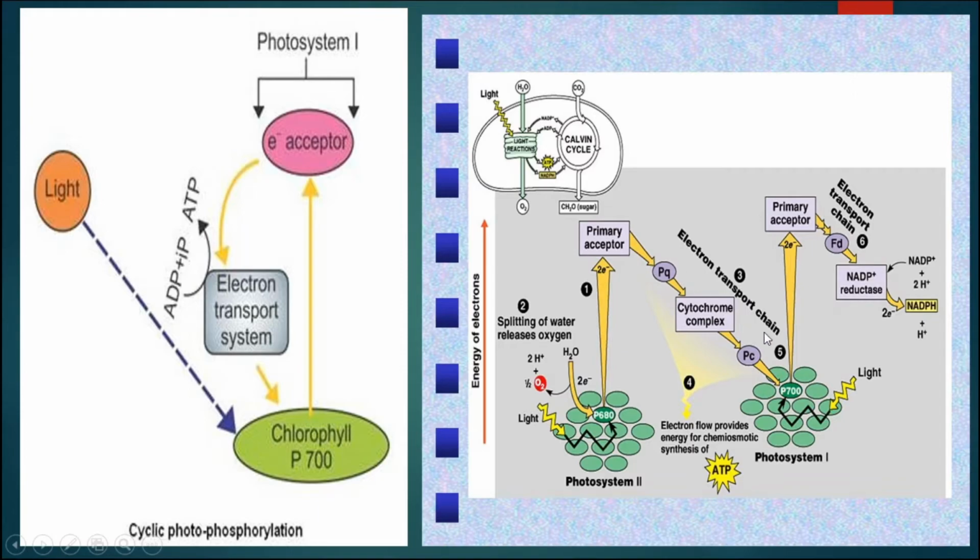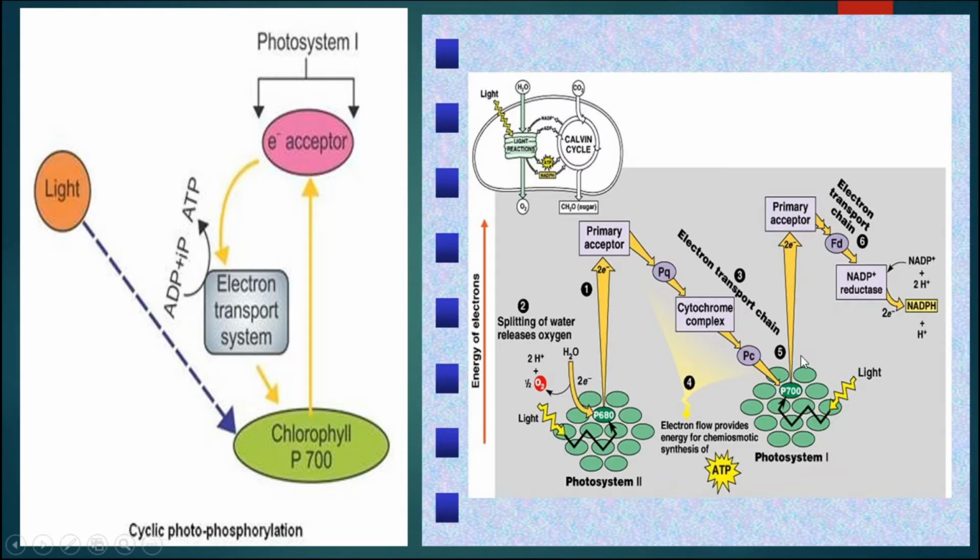Here again it is trapping the light energy and the electron is emitted and accepted by the primary acceptor. This again will move through the electron transport chain, that is ferredoxin, and NADPH as well as ATP is synthesized during this electron transport chain.